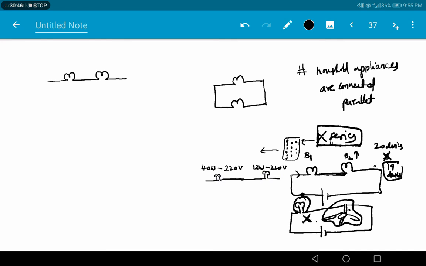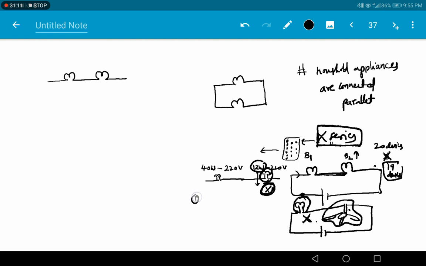But in series combination, what will happen? The device which has less power is consuming more power. If it is consuming more power, there is no use of it, because the power will be wasted across this small wattage device. These are some drawbacks of the series combination of devices in household.